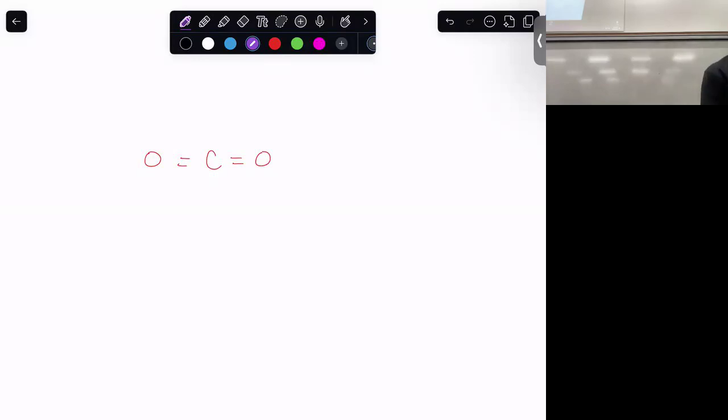So we have two sections here. We have the oxygen and carbon bond on the left, and the oxygen and carbon bond on the right. Looking at the purple box, between oxygen and carbon, do we have a difference in electronegativity? What's our trend as we go?